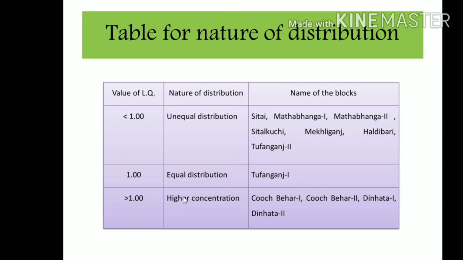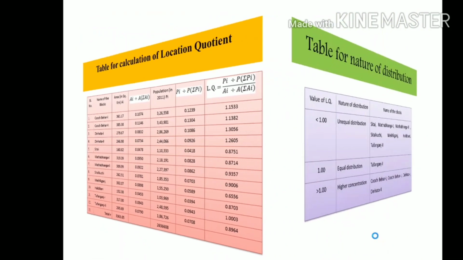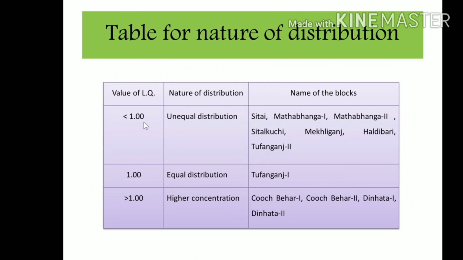You will see, when I put the value of location quotient of the different blocks, it reveals that less than 1 location quotient value, under the unequal distribution, there are 7 blocks, that is Sitai, Mathabhanga 1, Mathabhanga 2, Sitalkuchi, Mekhliganj, Haldibari, Tufanganj 2.